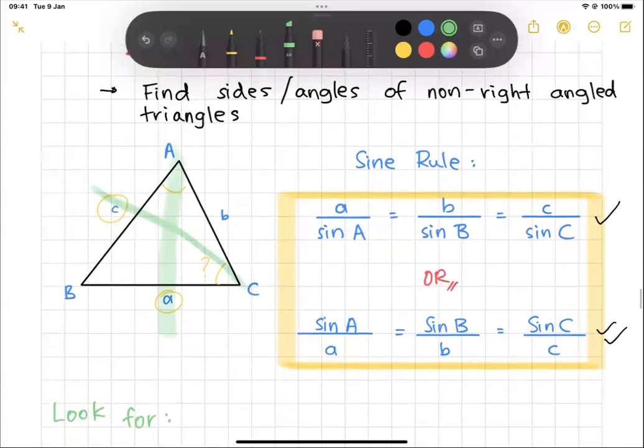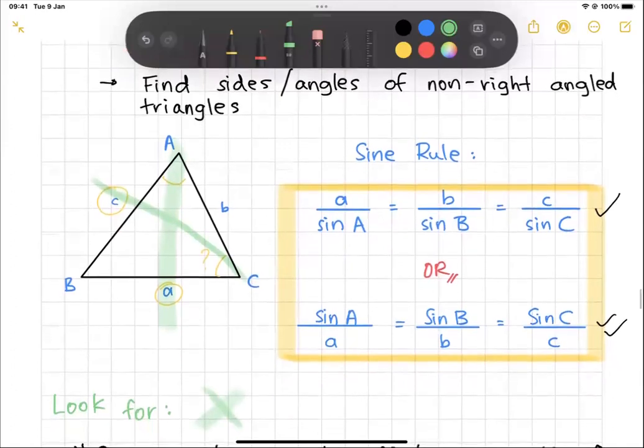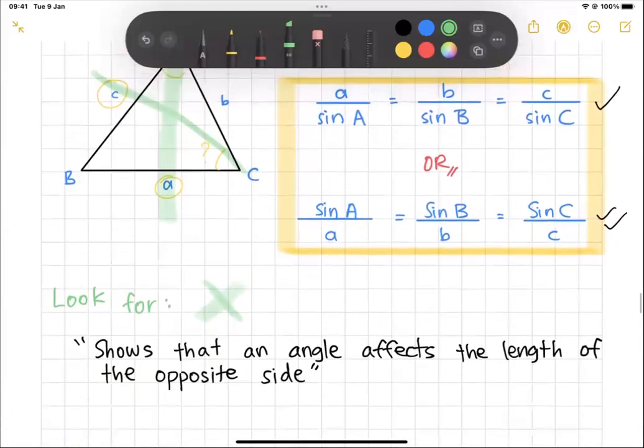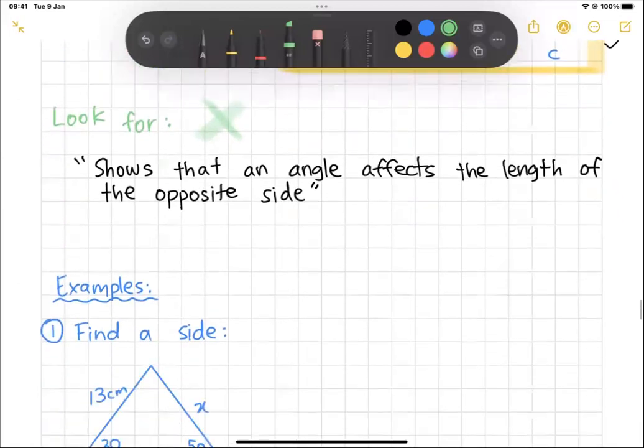This will make more sense when we do an example. Again, it shows that an angle affects the length of the opposite side, nothing new.